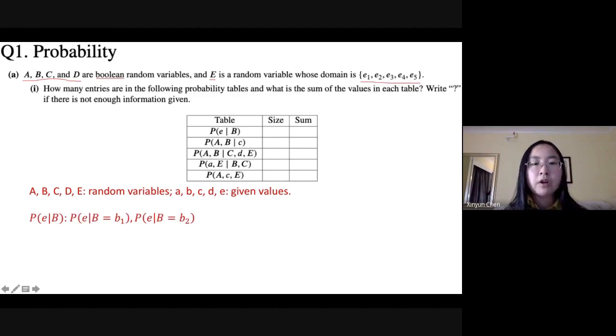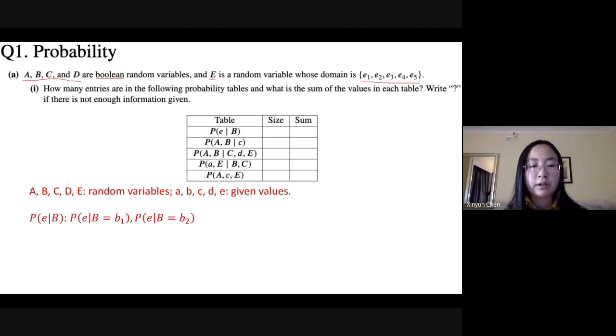For example, for the first probability table, we already set the value a for the random variable E, but the random variable B could take all the different values. So for this probability table, its size is 2 because there are 2 probabilities to set.